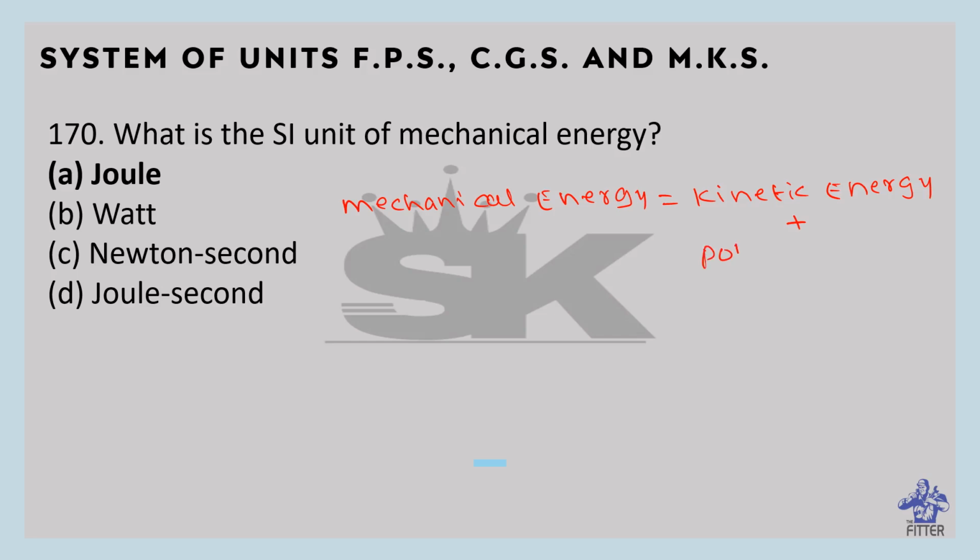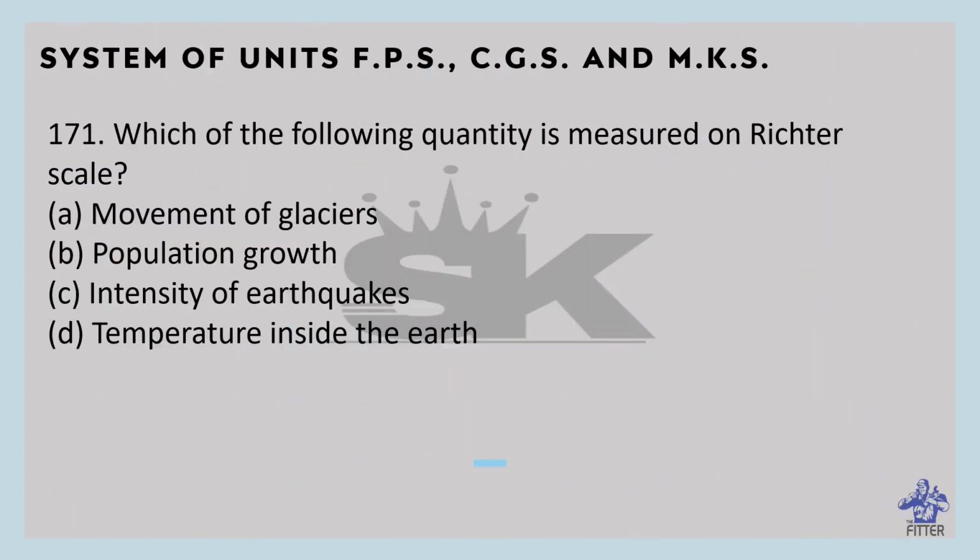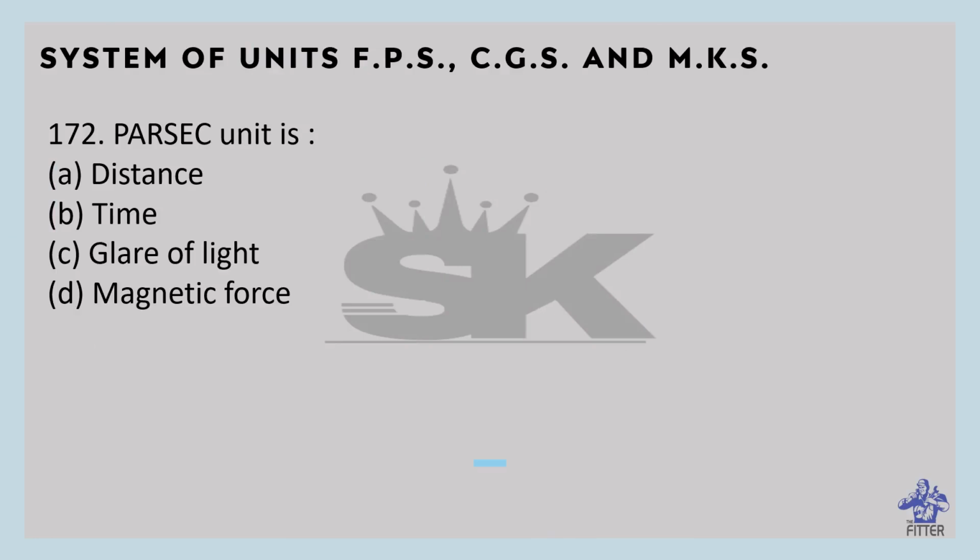Which of the following quantity is measured on Richter scale? That is intensity of earthquakes. Parsec is a unit of astronomical distance. So option A is right, distance.